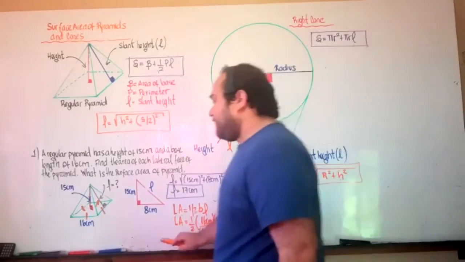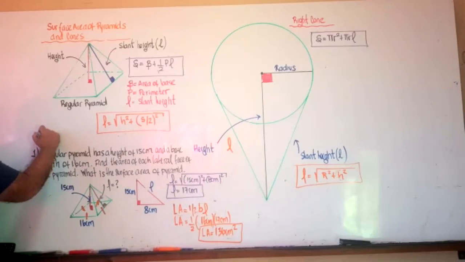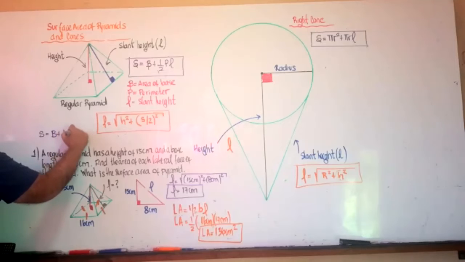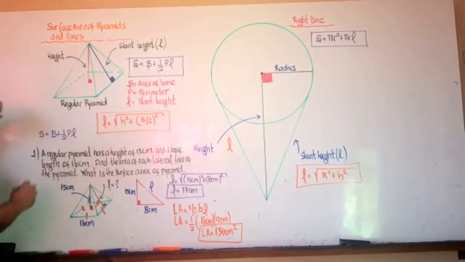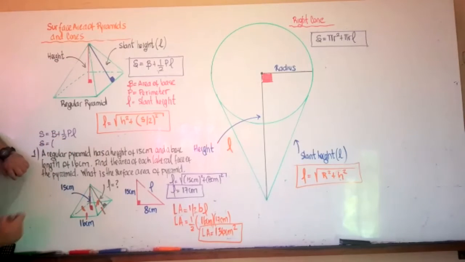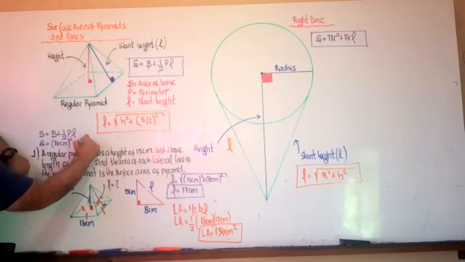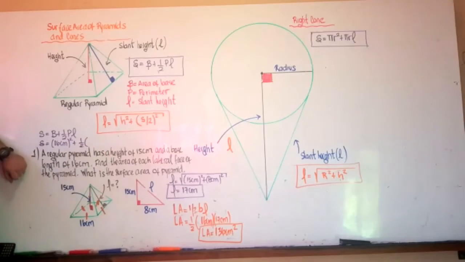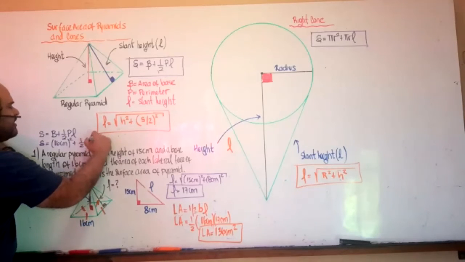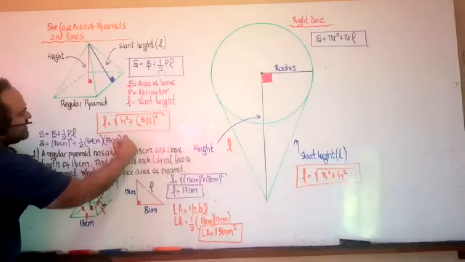Now, the surface area is another story, because the formula is beta plus 1/2 perimeter times slant height. Remember, area of the base, that will be the base squared, 16 centimeters squared, plus 1/2, as you said, 4 times 16, that will be 64 centimeters, and the slant height will be 17 centimeters.